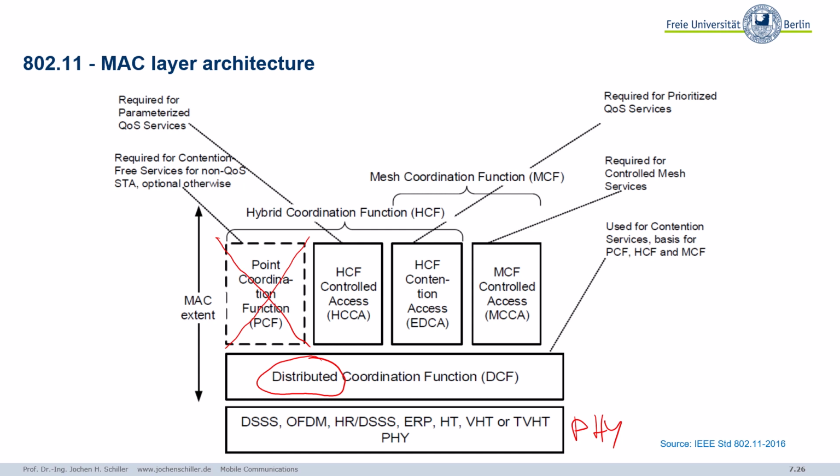You see that there are some services that offer quality of service with different parameters, different priorities, some services for mesh. And I will explain in more detail, as I said, the DCF, the distributed coordination function, and give some insight to the EDCA. I will come back to this.